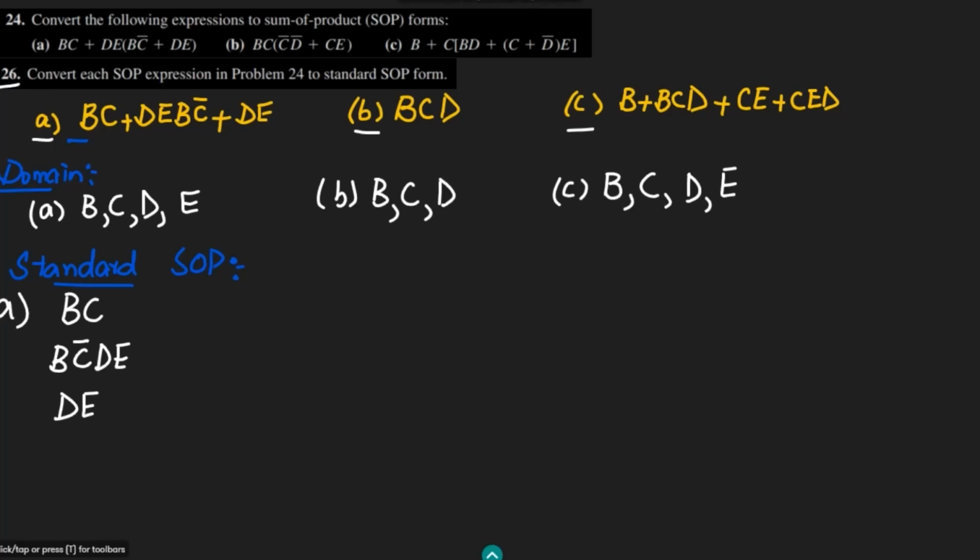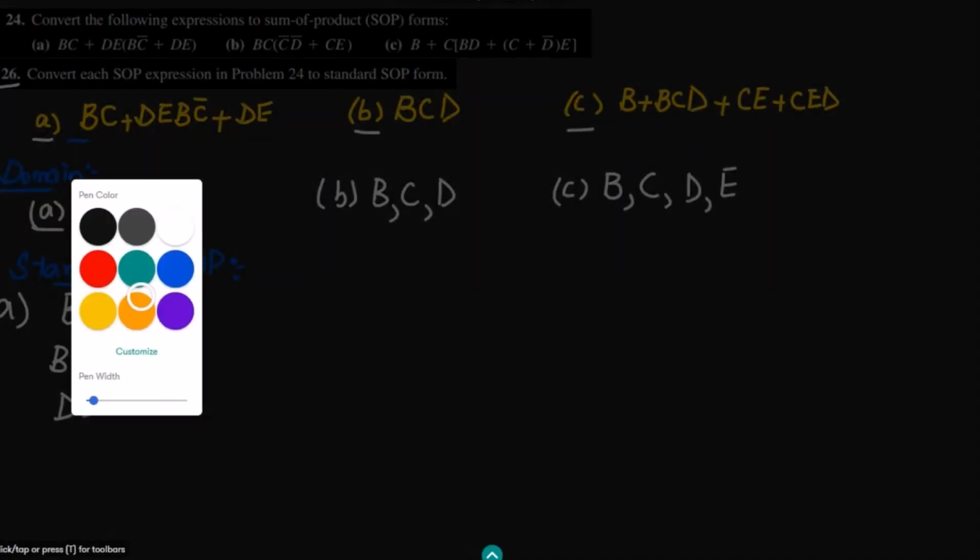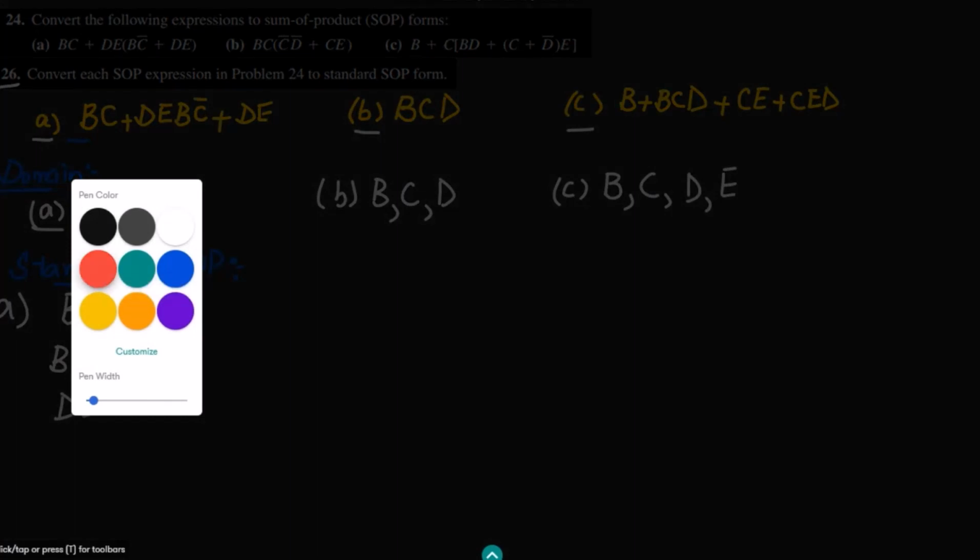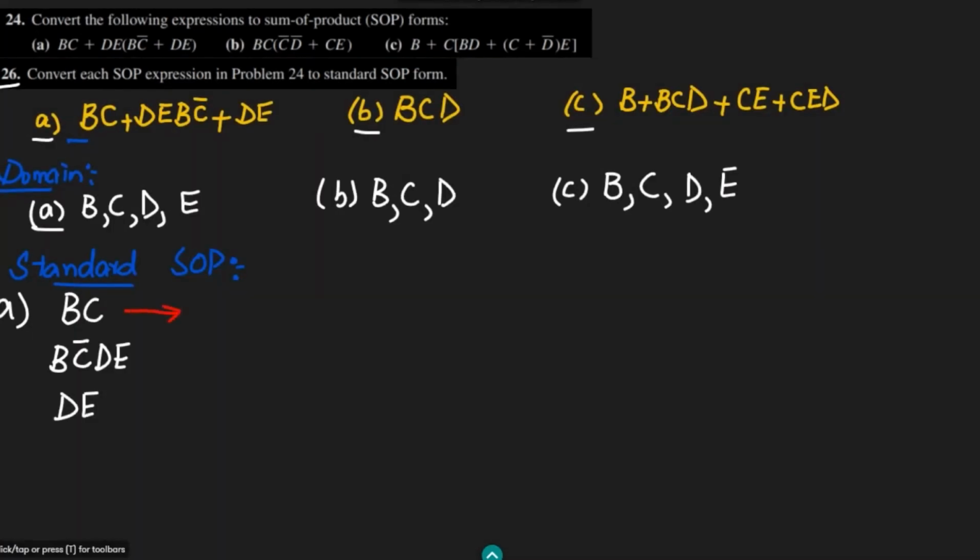At the end we have to add them, and we can see which terms are deficient here, as we can see in the domain. In the term BC, we have the deficiency of D and E. Here all is complete. And here the deficiency of B and C.